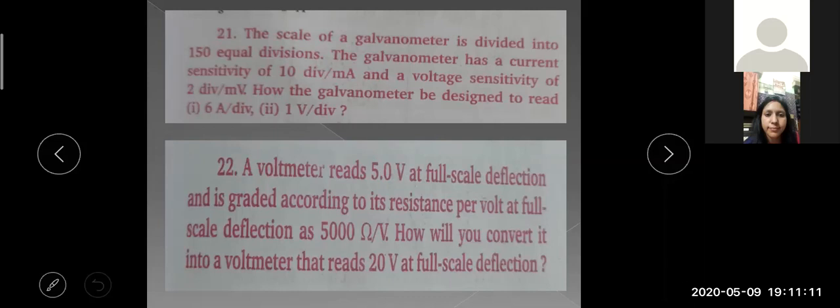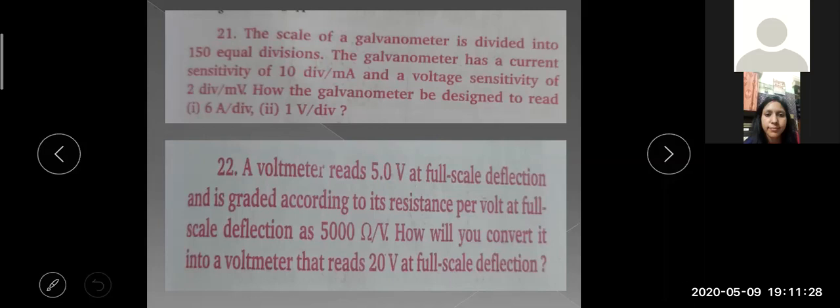So for this, find the value of current in the galvanometer, Ig. Then the voltage producing full scale deflection is given by Vg. Now the resistance of the galvanometer is given by G equal to Vg upon Ig.